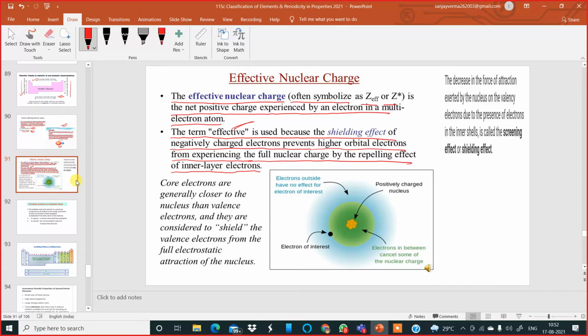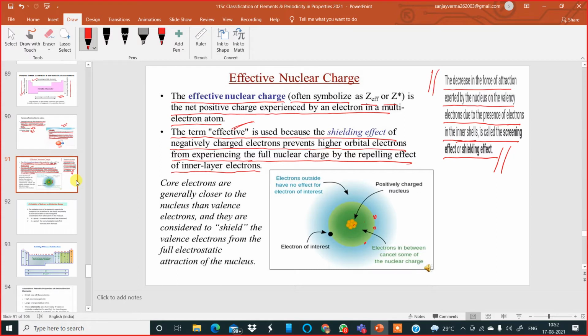Now, just have a look at the slide. The decrease in the force of attraction exerted by the nucleus on the valency electrons is due to the presence of electrons in the inner shells. The effect of the nucleus on the outer electrons is decreased by the presence of electrons in the inner shells, called the screening effect or the shielding effect.